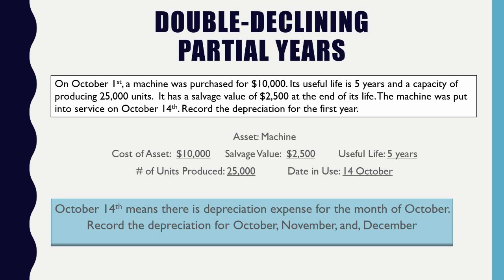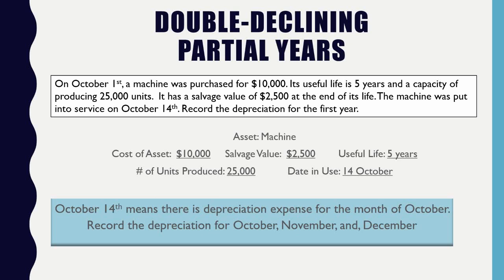In this case, we have to figure out the rule. Is it within the first 15 days or is it in the last 15 days? It fell on October 14, which is right before the first 15 days. So we will be depreciating it for the month of October.